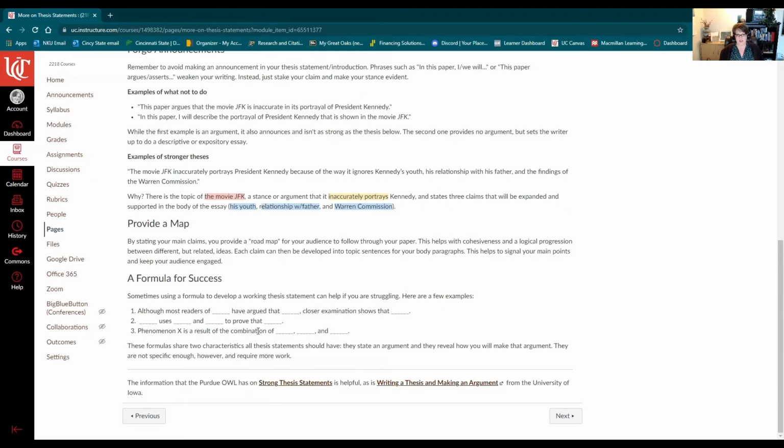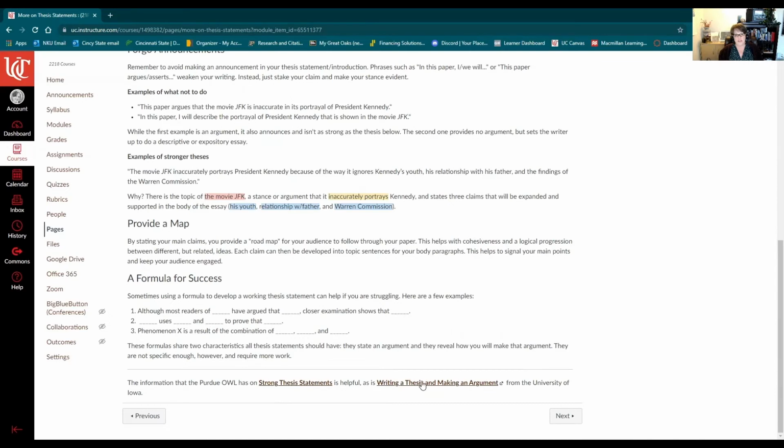Phenomenon X is a result of the combination of X, Y, and Z, right? Here we have point 1, point 2, point 3. The thing about these formulas, they share 2 characteristics all thesis statements should have. They state an argument and they reveal how you will make that argument. They're not specific enough, however, and require more work, which means it's just a working thesis, right?